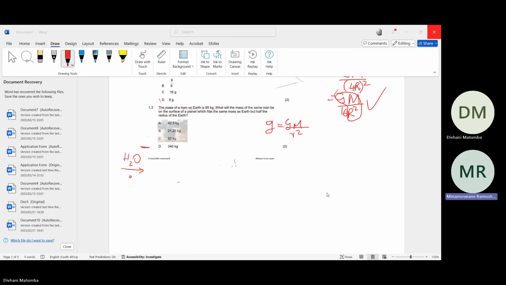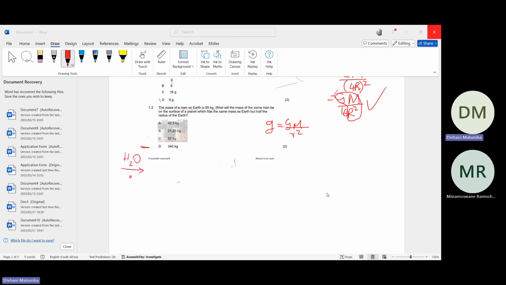No, it will not change. Oh, I get what you're saying now. Yes. So the only thing that changes is the gravitational acceleration g. And the other thing that changes as a result of changing g is the weight.